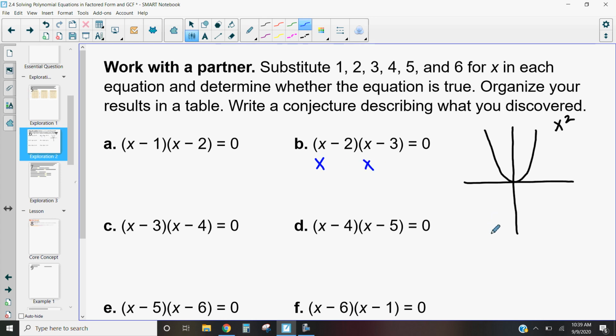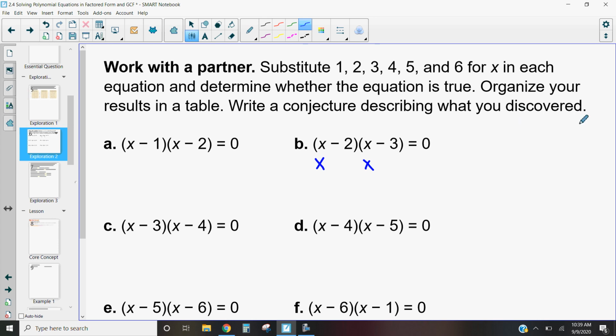As I graph these, I see this parabola cross at these 2 points, and these x values are our solutions. We graph it in standard form, but these tell us where it crosses the x-axis. So we want to find those solutions.